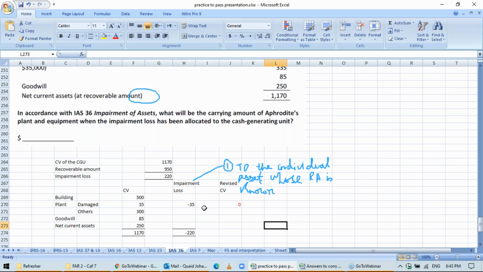Once I have calculated the impairment loss for an individual asset, I will move to the remaining assets. Now what remaining assets are left?